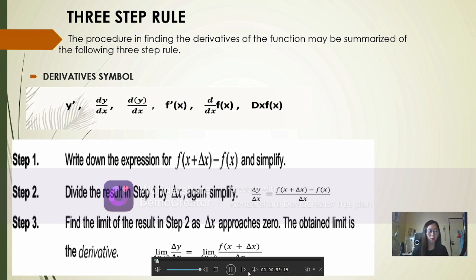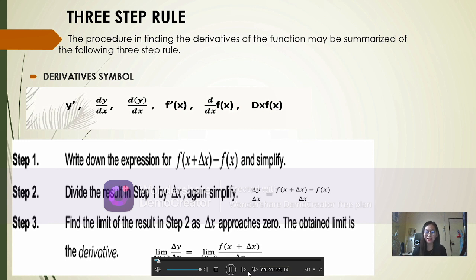Step 1 is write down the expression for f of x plus delta x minus f of x and simplify. Step 2. Divide the result in step 1 by delta x, again simplify. Delta y over delta x is equal to f of x plus delta x minus f of x over delta x.